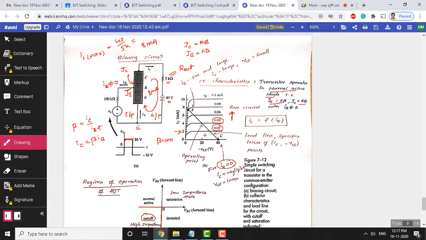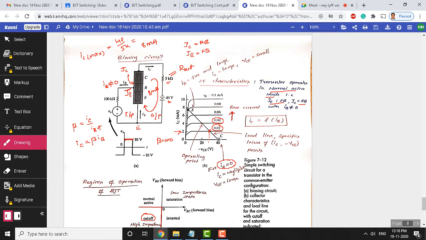Now the point here is what will happen to the voltage at the collector and base as the base current keeps increasing. You can see the intersection point here at say 0.02 milliampere. This is going to be the base current here. This line is called a load line.